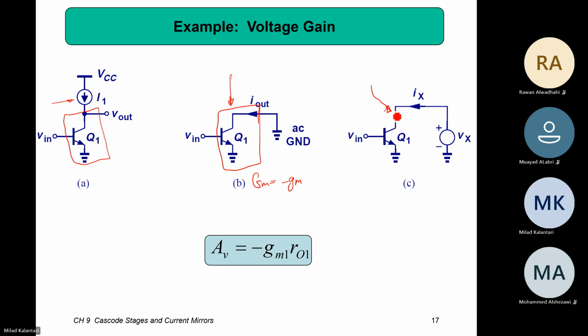You ground the input, put a test source, and measure I test. Since this is a simple device, what will remain is just the RO, and this DC current source is open at the collector. So you can calculate the gain with the same value we already know.